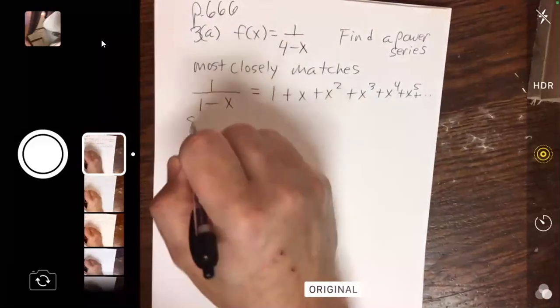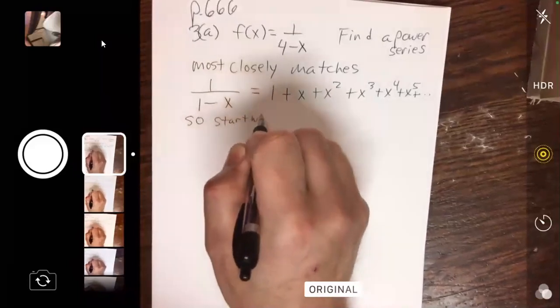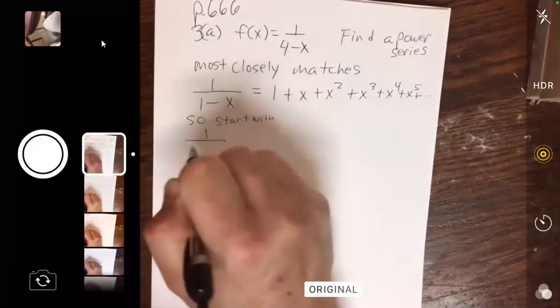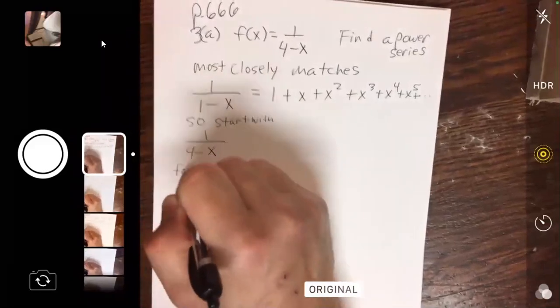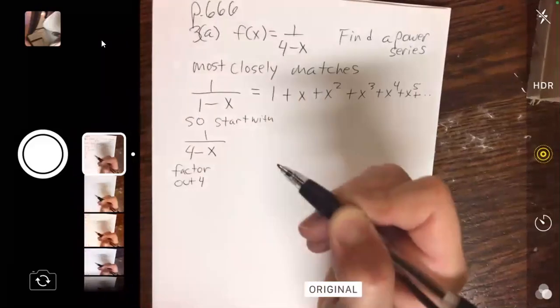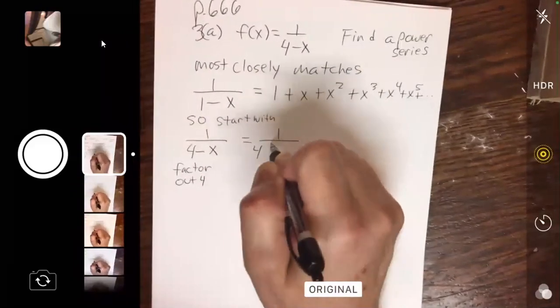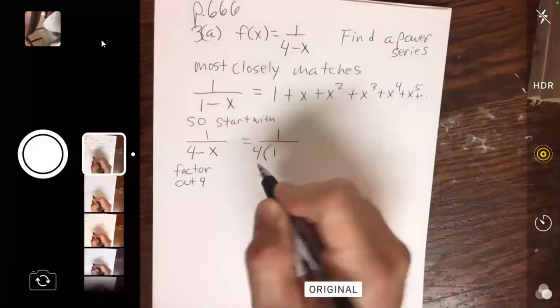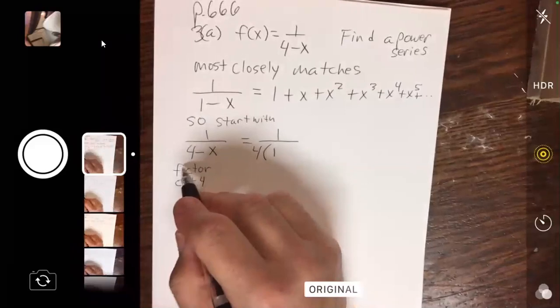All right, so start with 1 over 4 minus x. Factor out the 4. Well, that's a neat trick. So you get 1 over 4 in a parentheses, and you'd put a 1 there, so your 4 times 1 gives you 4. Oh no, there's no 4 here.